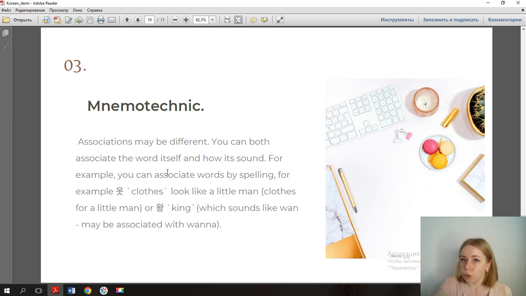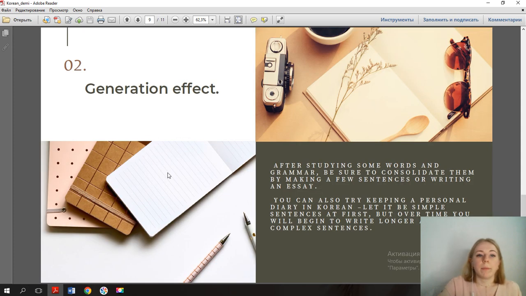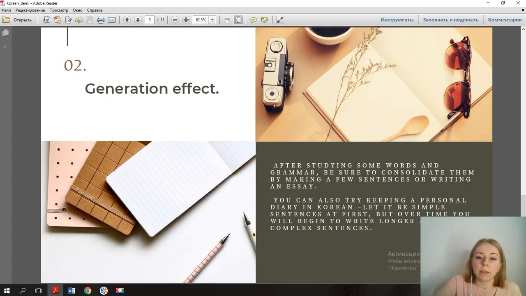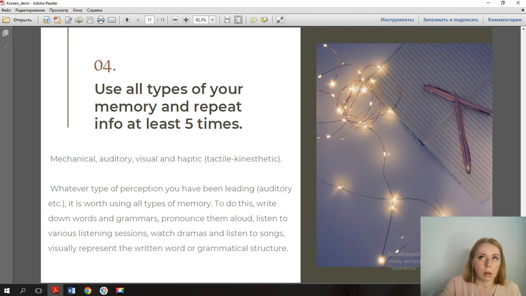I mean, associations, maybe the generation effect, consolidation effect, and isolation effect also. And it's really good if you can use all of these things. Okay, let's continue.